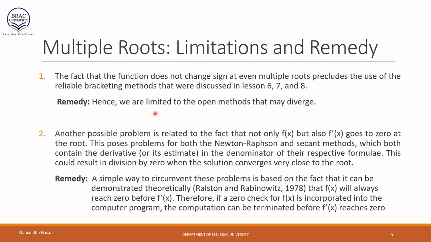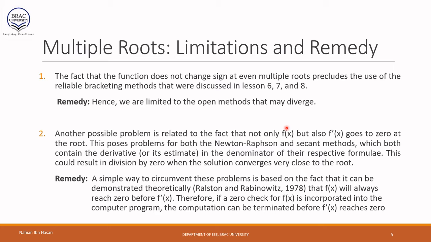But in the case of even multiple roots, since our function stays on the same side, our bracketing methods are not going to work, and that's why we do not use bracketing methods for even multiple roots. But for odd multiple roots we can use the bracketing method, since in the odd multiple cases the function crosses the x-axis at the root, and that's why our bracketing methods are going to work there. So that's the caution that we are going to use. In case of even multiple roots we are limited to the open methods only.